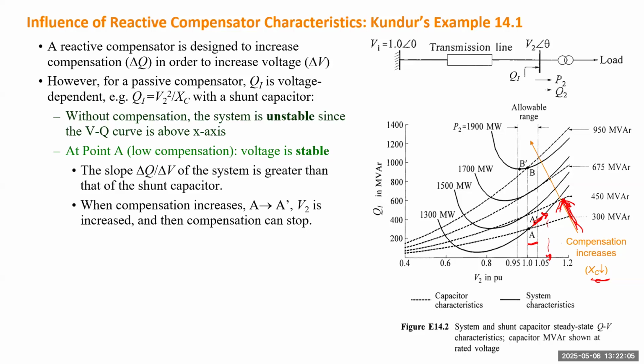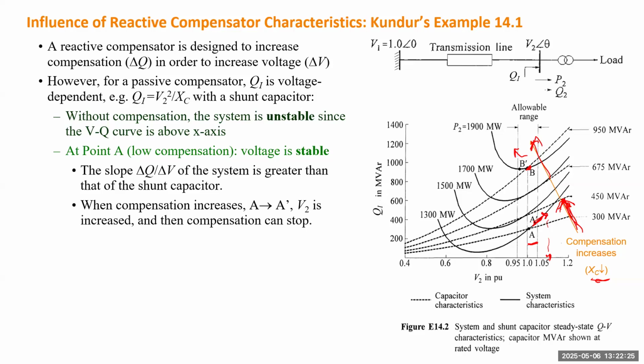Okay, but if you study another condition at B, if B has voltage not good enough and you want to improve the voltage, you still go in the same direction. But in this direction, what happened?